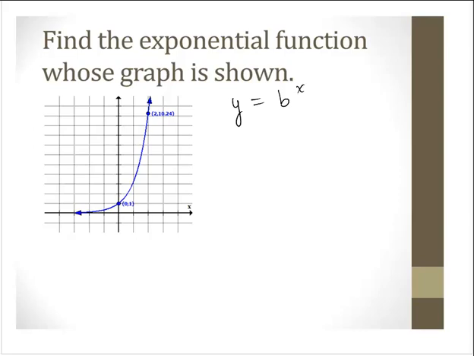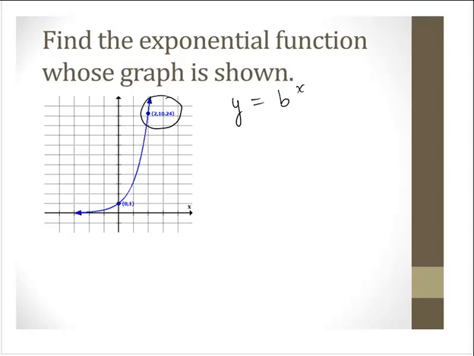So we really only need to figure out the base. Notice it goes through 0, 1. So we expect it's going to be of the form y equals b to the x. All right, so let's figure out the b. So let's use this point, 2, 10.24.